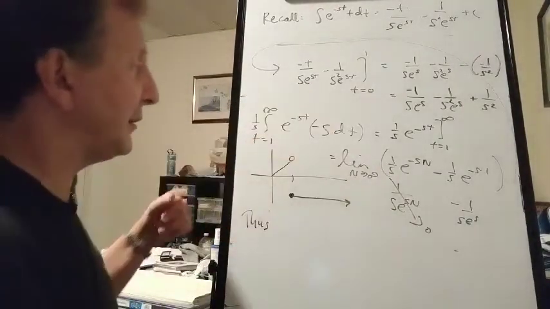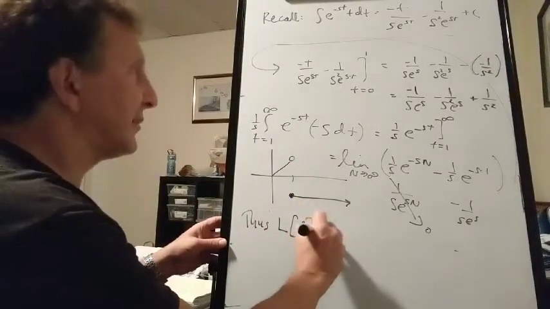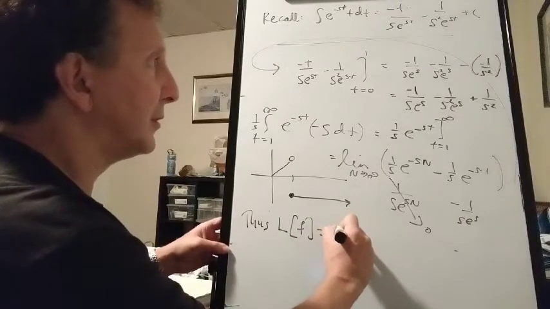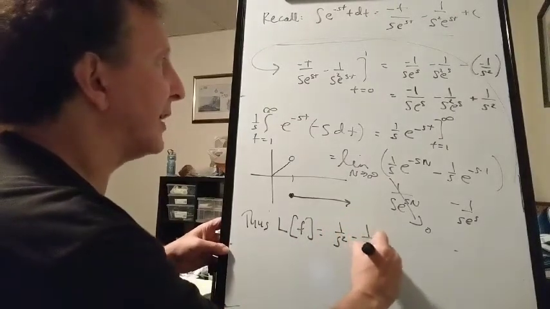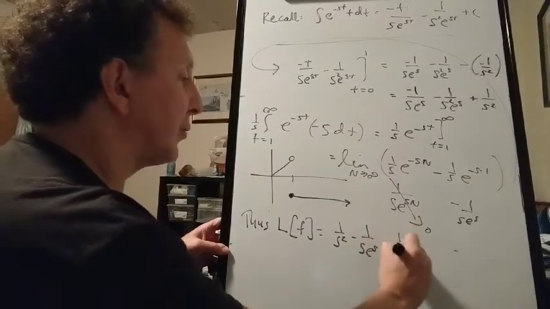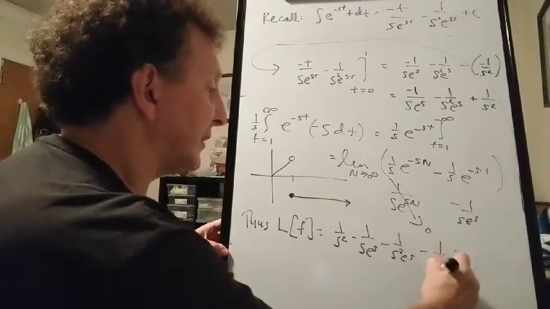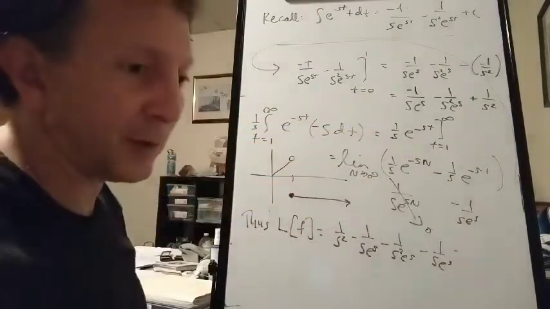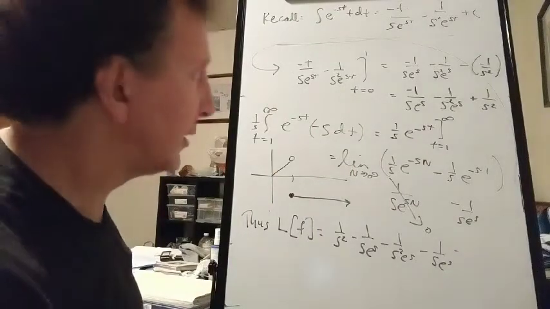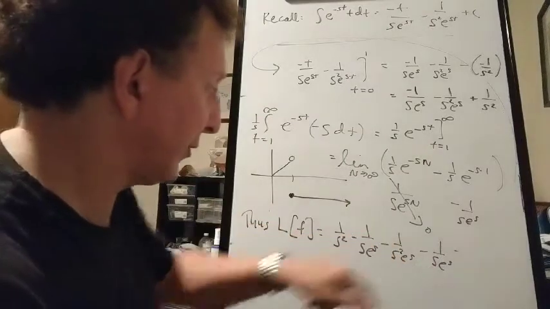So adding together the pieces we've computed so far, the Laplace transform of f equals 1 over s squared minus 1 over s e to the negative s minus 1 over s squared e to the negative s minus 1 over s e to the negative s. So I guess we have minus 2 over s e to the negative s because we saw that twice.